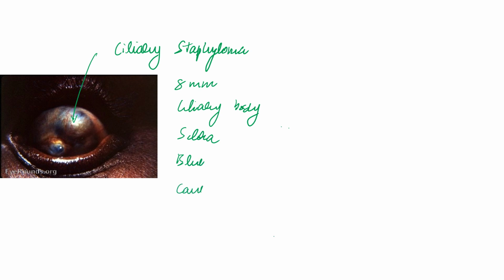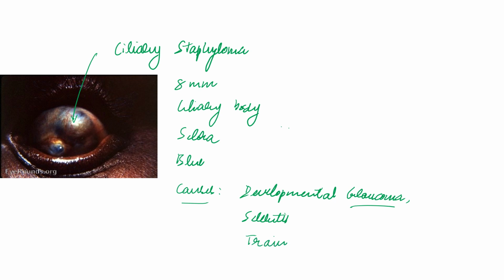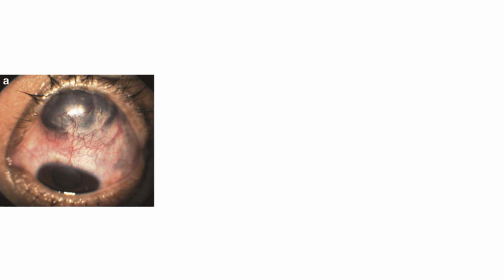Causes include developmental glaucoma, end-stage primary or secondary glaucoma, scleritis, and trauma to the ciliary region of the eye. These are the various causes for ciliary staphyloma. Now let us discuss about the next type of staphyloma, that is equatorial staphyloma.